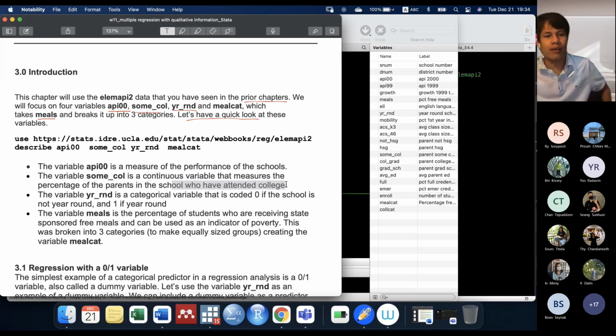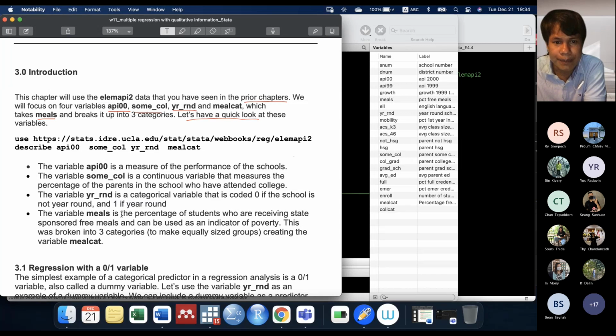So the proportion of parents who attended college. This is the continuous variable. And variable year-round is the categorical variable. It is coded 0 if the school is not year-round, and 1 if the school is year-round.